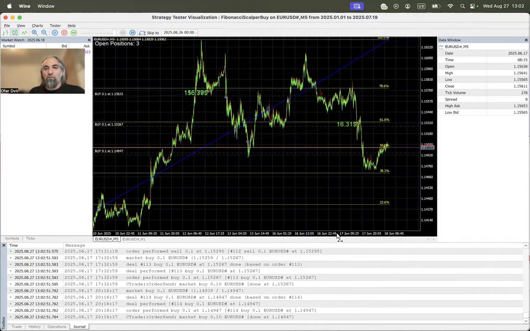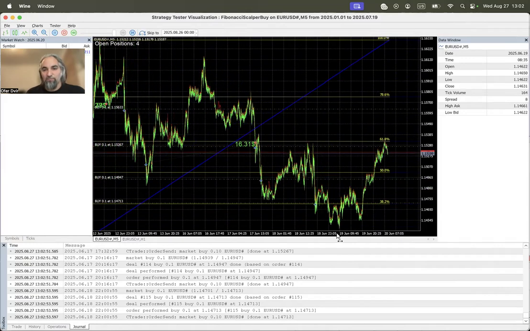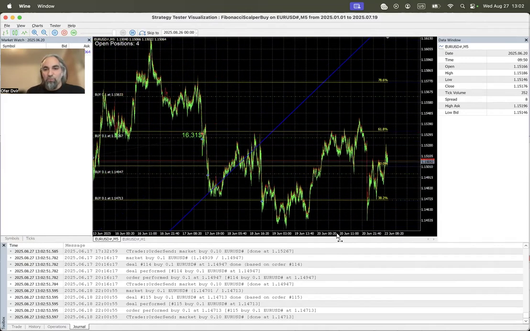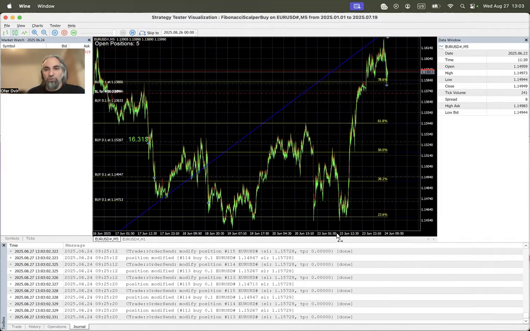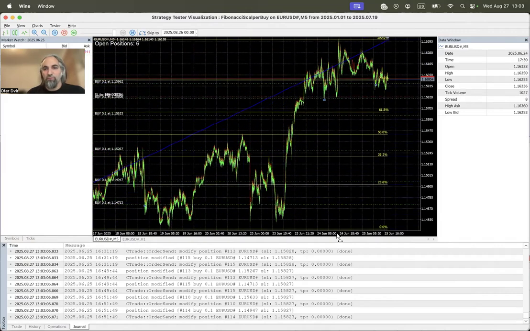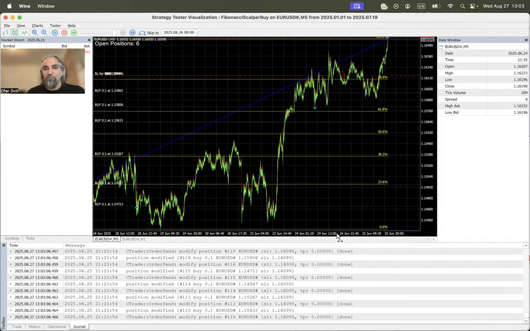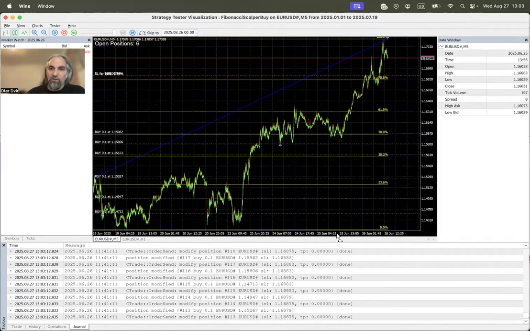I would say all Forex instruments are more or less in a side movement trend. They don't have a specific bullish trend or a bearish trend. So it's really easy to use Fibonacci retracement on them because they go up, they fall down.